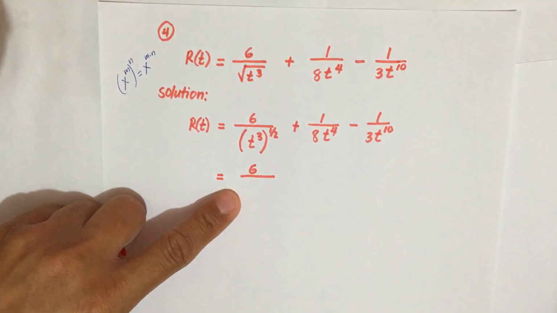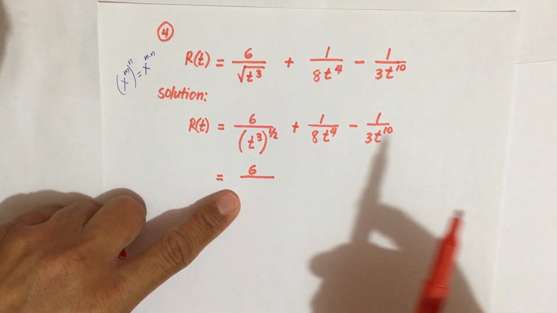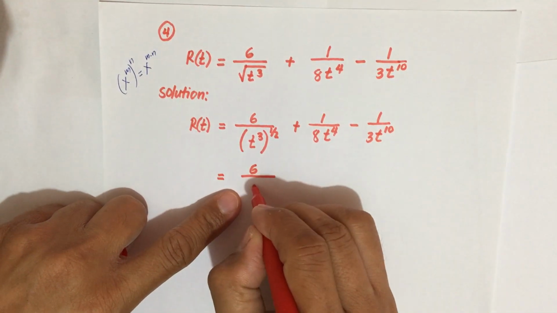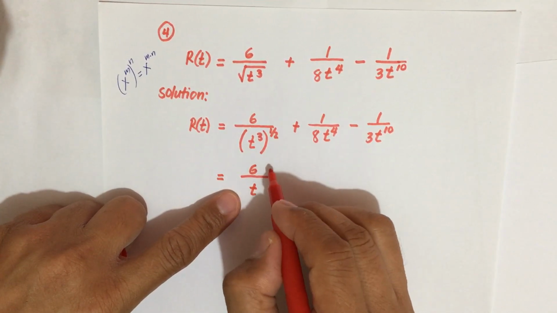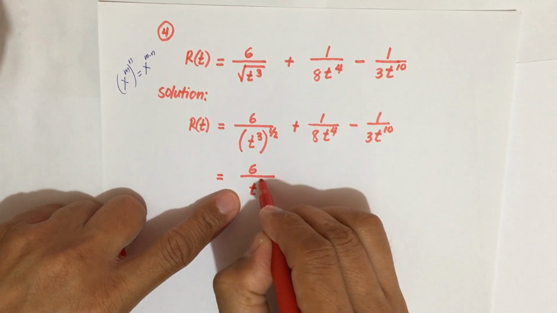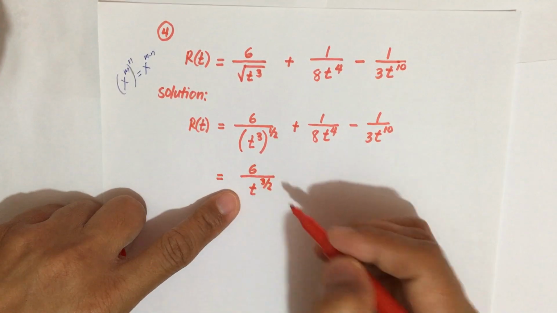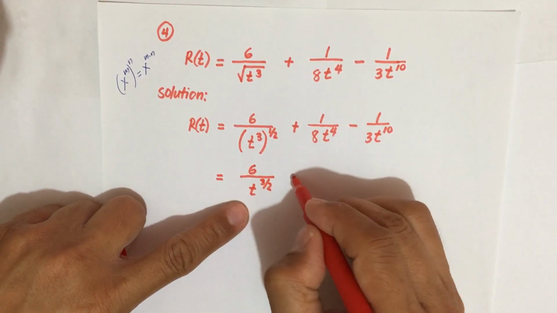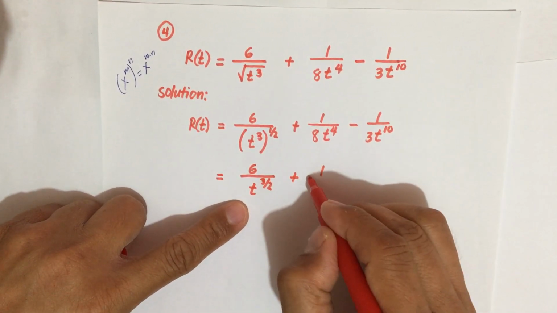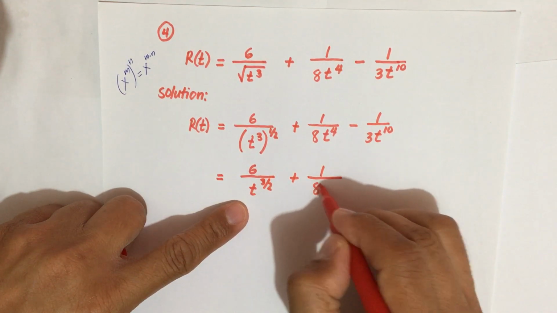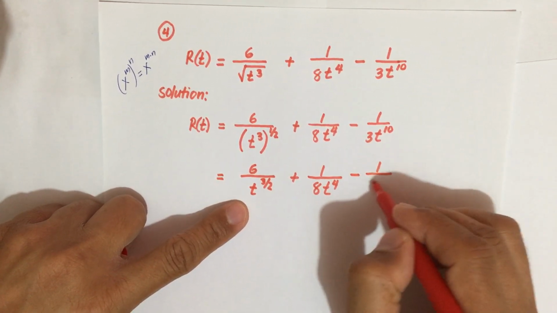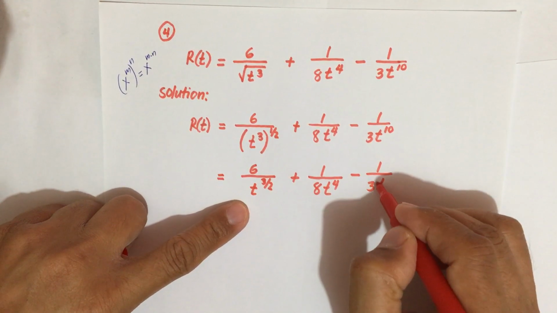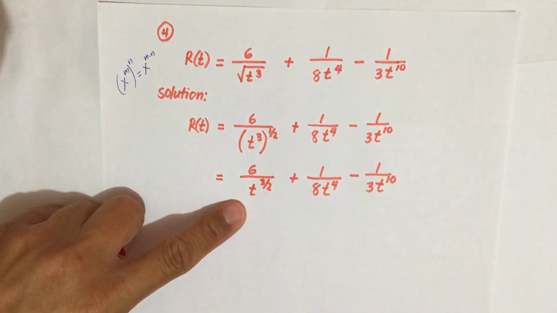So you have to multiply the two powers or two exponents. So this becomes 6 over t to the 3 times 1 half, so that is 3 halves, or 3 over 2. Then plus 1 over 8t to the 4th power minus 1 over 3 times t to the 10th power.